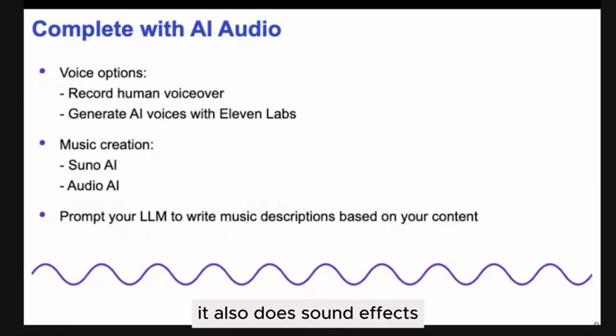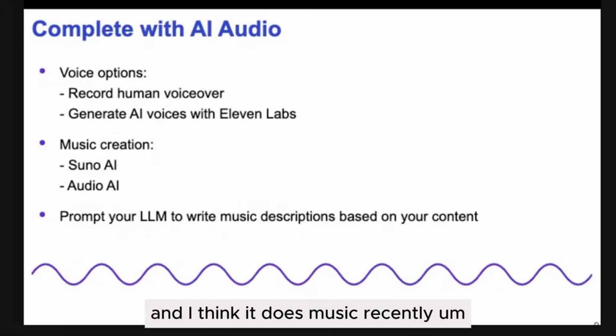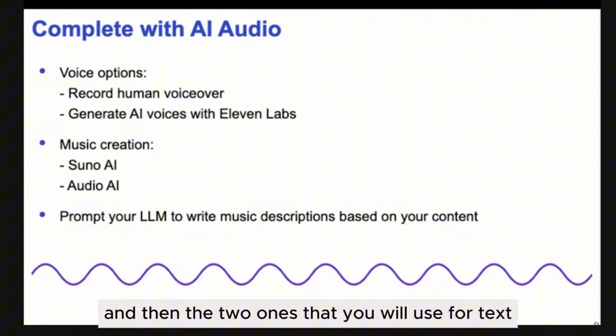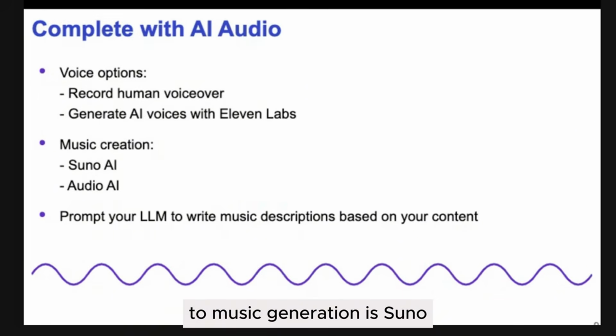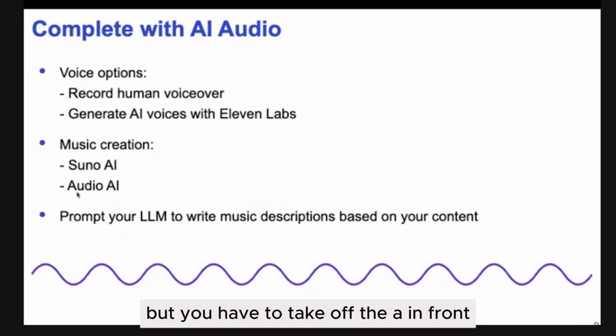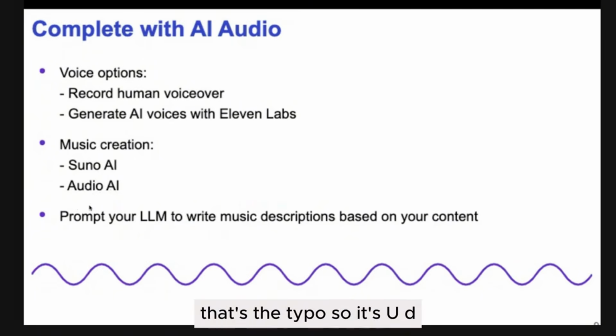It also does sound effects. And I think it does music recently, but don't quote me on that one. And then the two you will use for text to music generation are Suno, and the second one is Udio, but you have to take off the A in front. That's a typo.